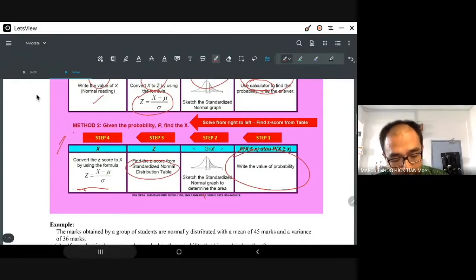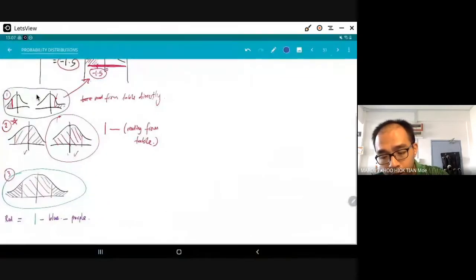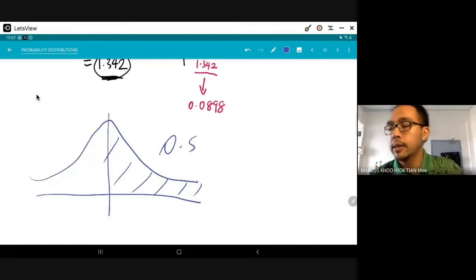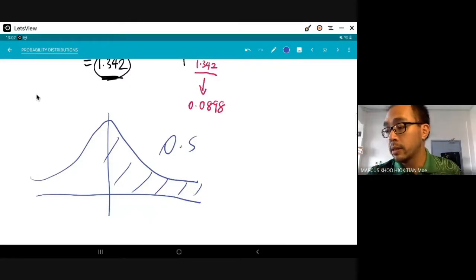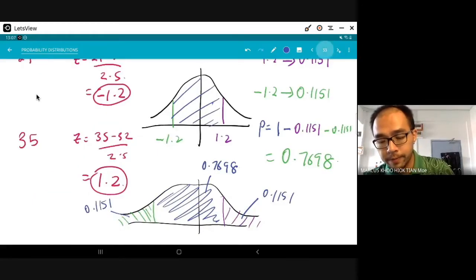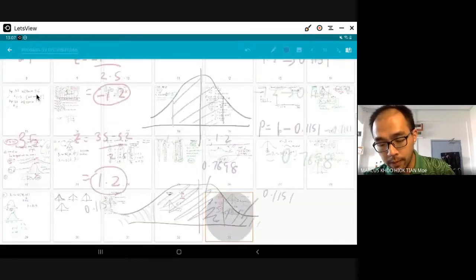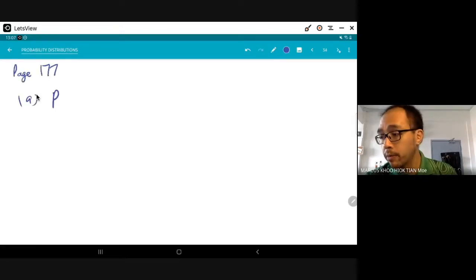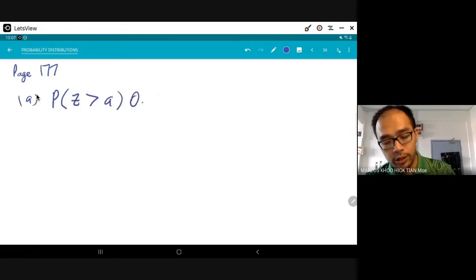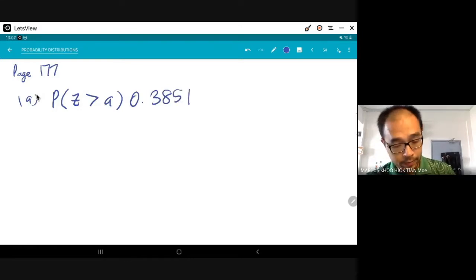Let's do one example question. I want you to turn to your textbooks. Let's do a simple one first. Turn to your textbooks, page 177. We're going to use that example over there. The question is, the probability of Z more than A is 0.3851.